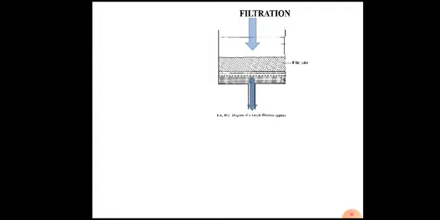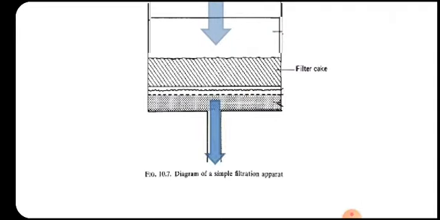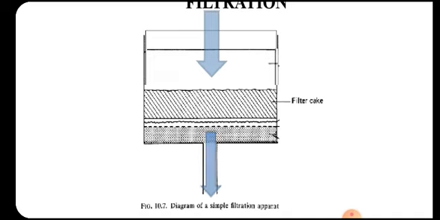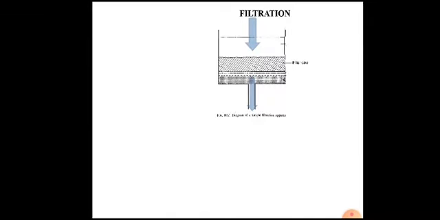As the filtration progresses, the solids will get deposited onto the filter cloth, which leads to the formation of a filter cake. That means the solid impurities. As the thickness of this filter cake increases, the resistance to flow will increase. That means the flow of fermentation broth will decrease.